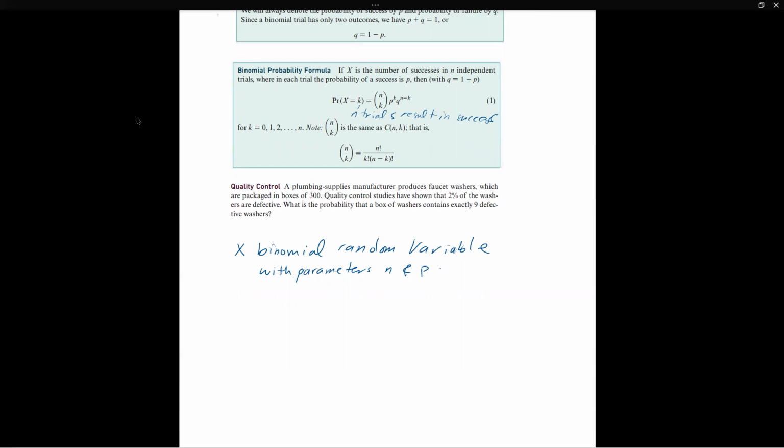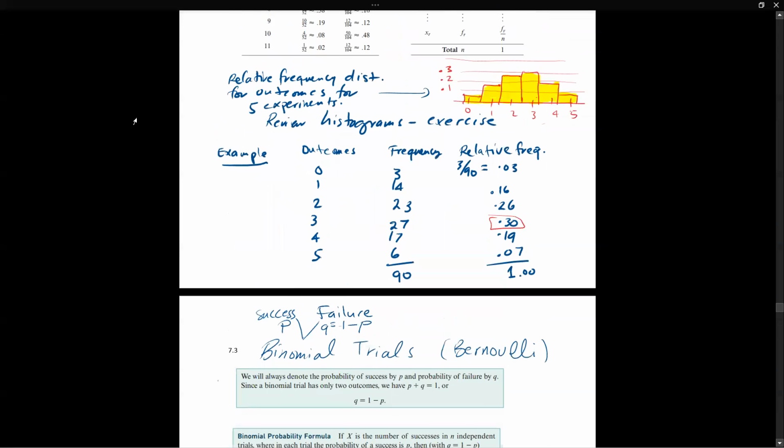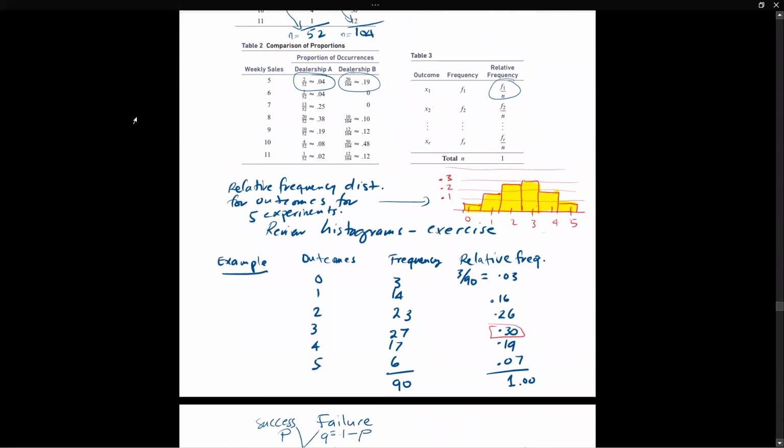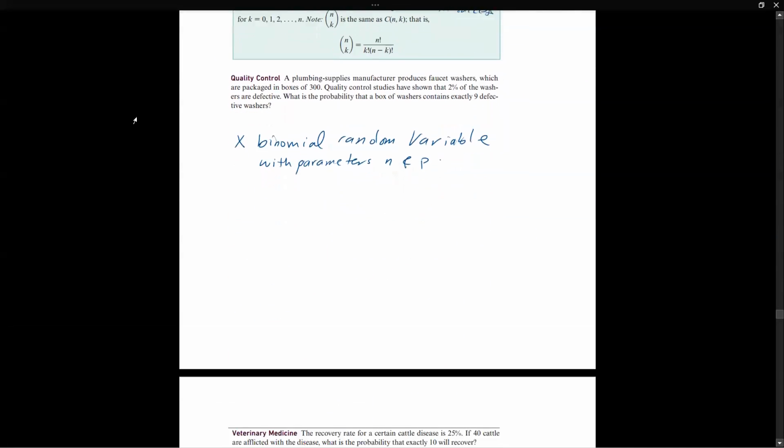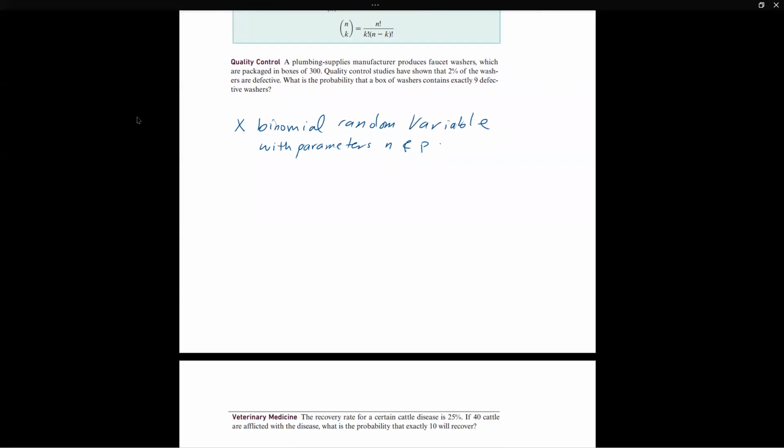So if we go back to the example I did of tossing the coin, when you toss the coin, you only have two outcomes, so the probability is half. So for example, I'll toss the coin, and we do this 5 times. Then let's look at the calculation of this particular variable.